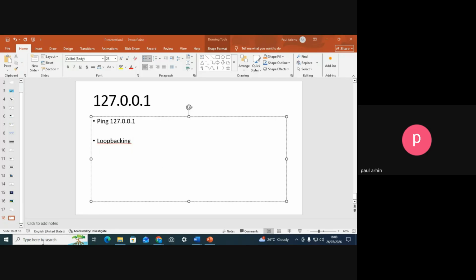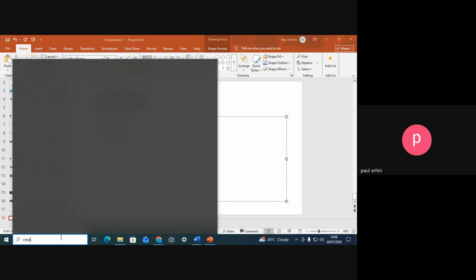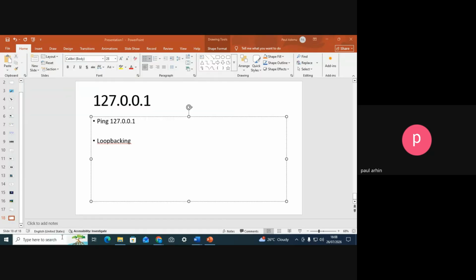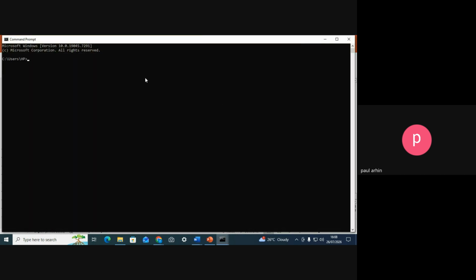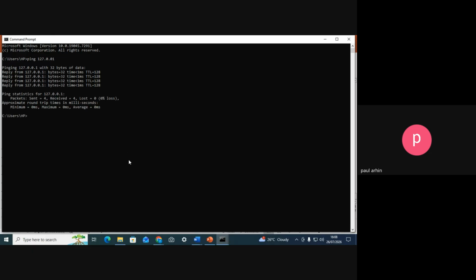So for example, let's say I have this here in my CMD command prompt, and I ping 127.0.0.1, then I enter. Look, I'm getting replies. It means my network interface card is working properly because I pinged it. But if I ping 192.168.10.2, see what is happening now.